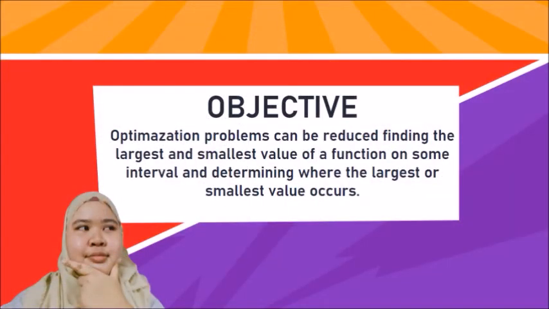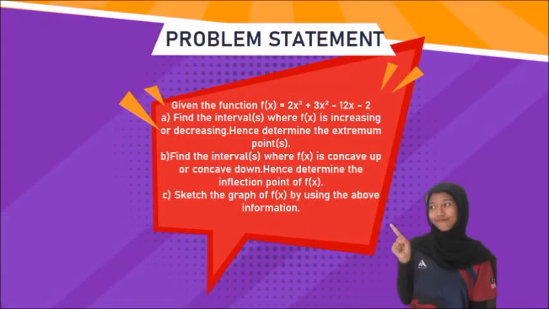The objective is that an optimizing problem can be reduced to finding the largest and smallest value of a function on some interval and determining where the largest or smallest value occurs. Problem statement. Given the function f(x) equals 2x cubed plus 3x squared minus 12x minus 2. A. Find the interval where f(x) is increasing or decreasing.